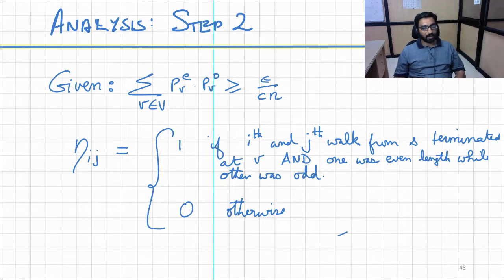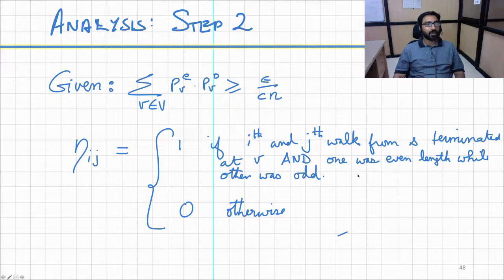Okay, so now let's define an indicator random variable. This indicator random variable eta ij will be set to 1 if the ith and the jth random walk from S terminated at V, and one of them was of even walk length while the other was odd.